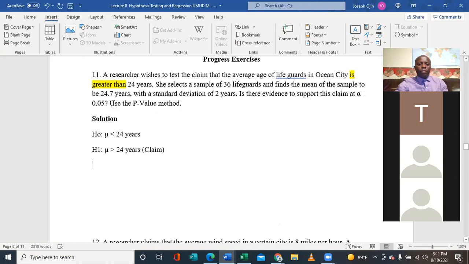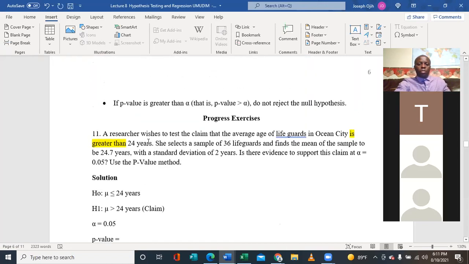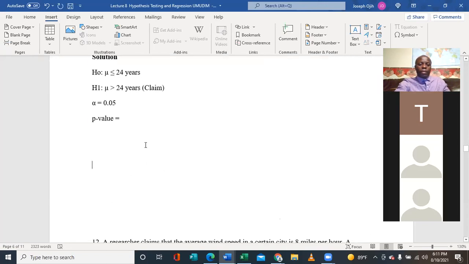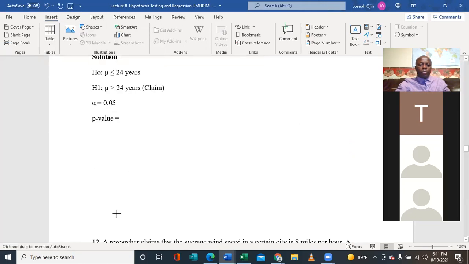And our alpha is 0.05. So we're going to put it here. From here we can get our p-value. Now, to get the p-value, remember our chart that we use for this. Let's make our chart first. The direction of the chart will tell us where to put this.